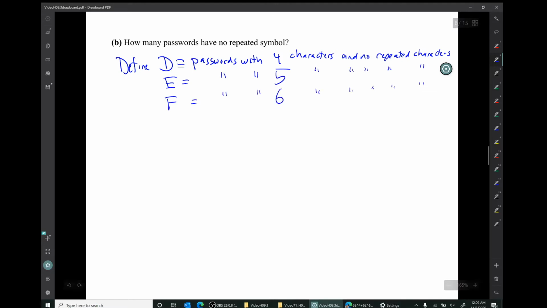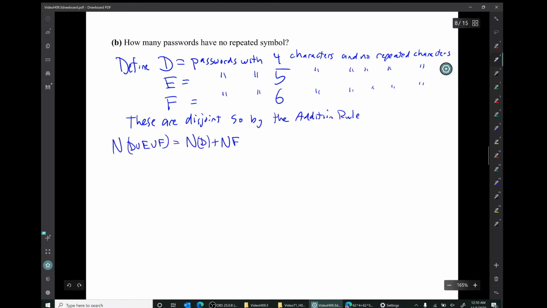So there are our 3 sets that we are interested in. Passwords with 4, 5, or 6 characters and no repeated characters. Well, those are disjoint sets. So by the addition rule, the number of elements in their union is just the sum of the number of elements in each of those 3 sets. Now these we can figure out in terms of tasks.